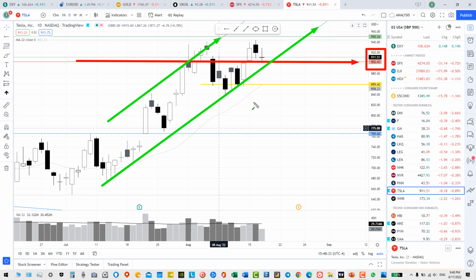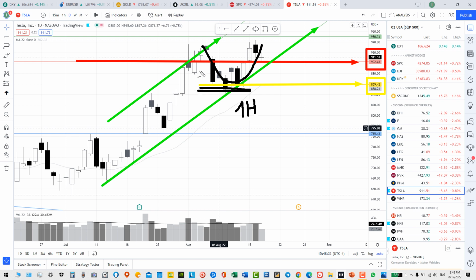Finally, the ultra short support around 860 is very important because this is coming from the hourly chart, and it formed a bottom around this level over the ultra short time frame from the 1-hour chart.